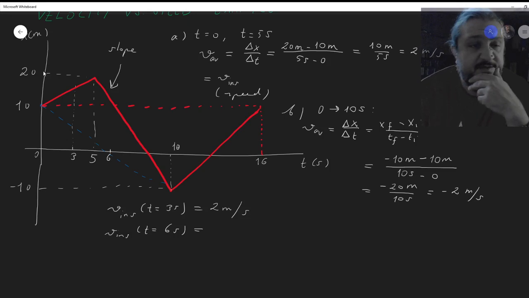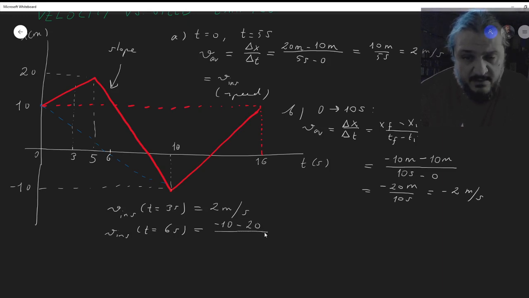It goes from 20 to negative 10, so we have negative 10 minus 20, and we're talking about a time interval now from 5 seconds to 10 seconds.